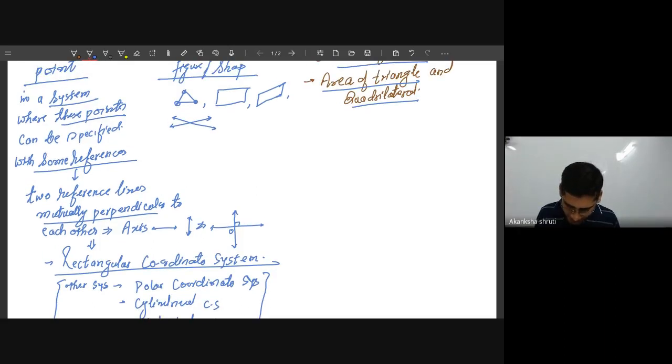Now in this reference, whatever we are considering, that is called the rectangular coordinate system. We will learn about this rectangular coordinate system, and in it, how a point is specified, means how to specify a point. So those things we have to learn.